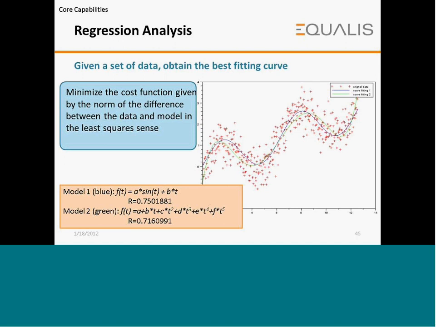Model 1 in blue is f of t equal to a sin t, where r is equal to 0.75. Model 2 in green is f of t equal to a plus bt plus ct squared plus dt cubed plus et to the power of 4 plus ft to the power of 5, where r is equal to 0.79.